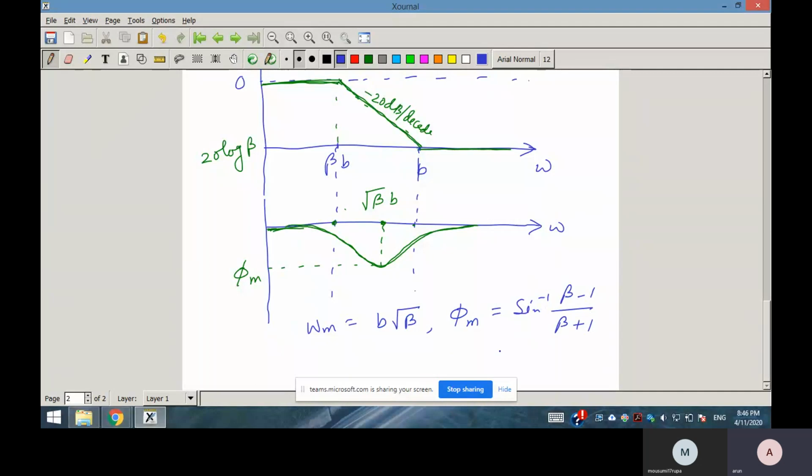So this also you can write as minus sine inverse of (1 minus beta) divided by (1 plus beta), where beta is less than 1. As beta is less than 1, this implies that phi m is negative.